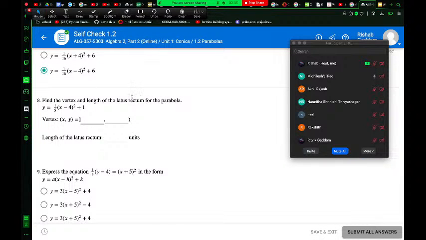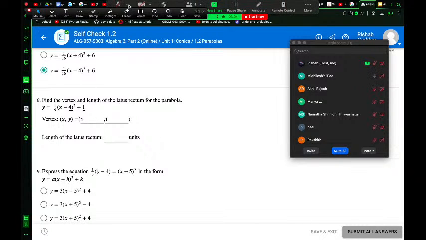The vertex is (4, 1), and the length of the latus rectum is... I'm pretty sure it's 16.